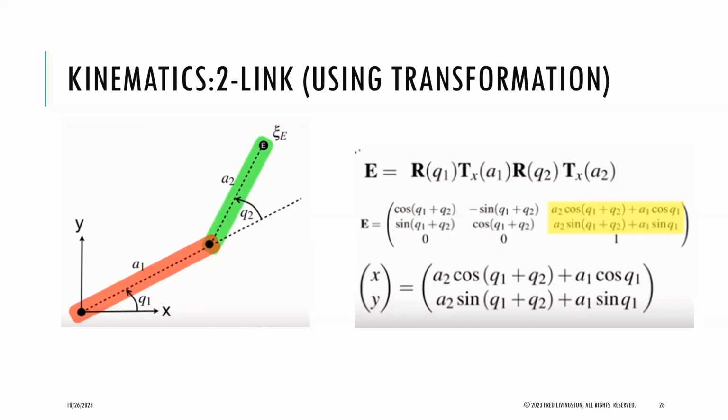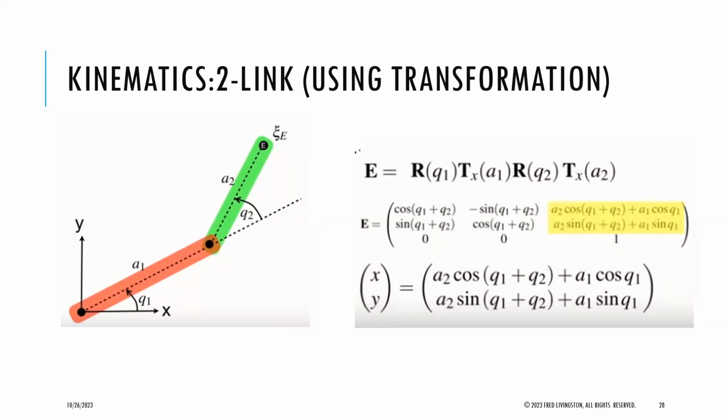This is the base, and this is the end effector. I want to go from here to here. So what did I do to go from this one to here? Originally this is my origin, and then I went to here. So this is my first degree of freedom.